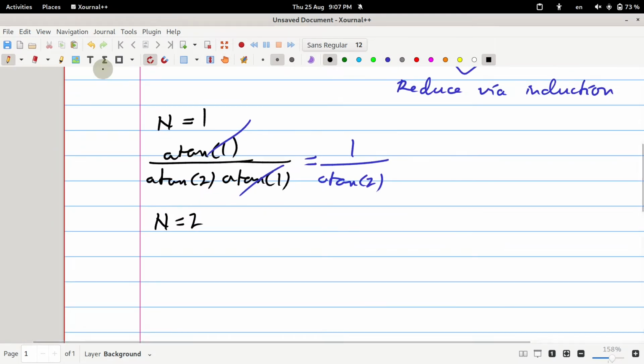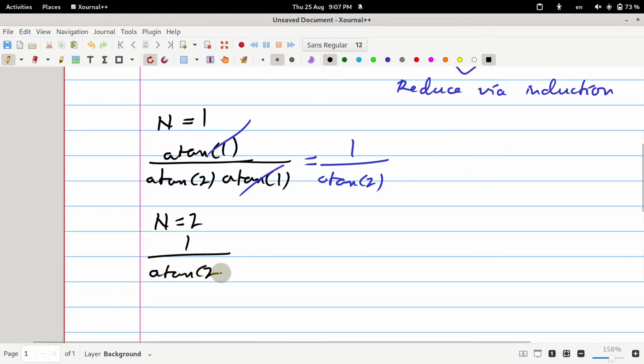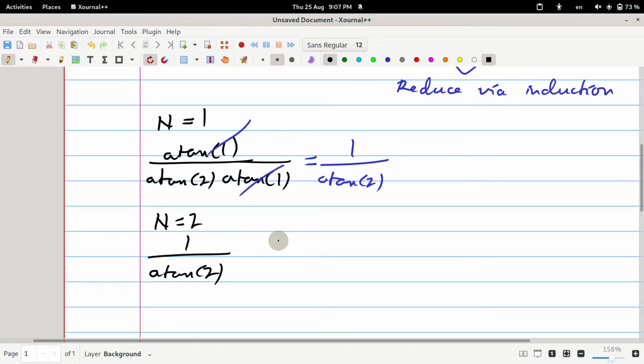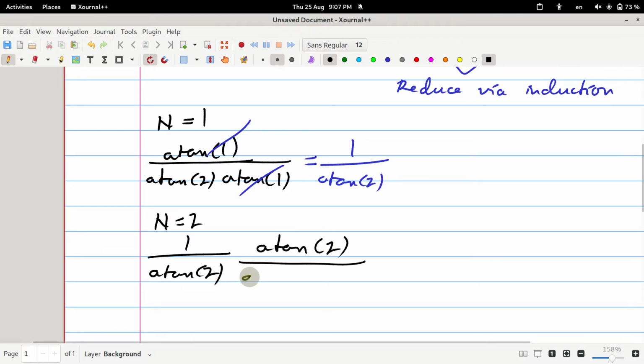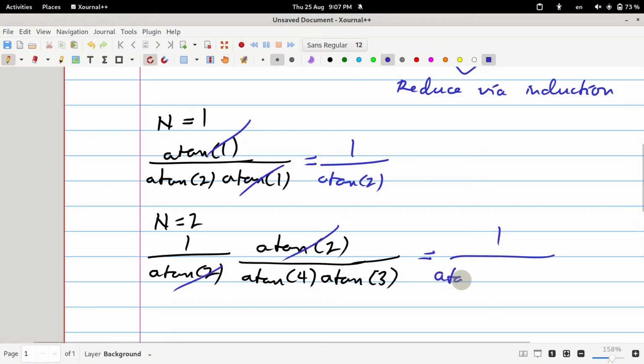Again, we carry this into n equals 2, so that's a tan 2, and obviously this is going to be canceled out. A tan 2 is divided by a tan 4 and a tan 3 in the denominator, and obviously this also cancels out to yield 1 over a tan 3 a tan 4.